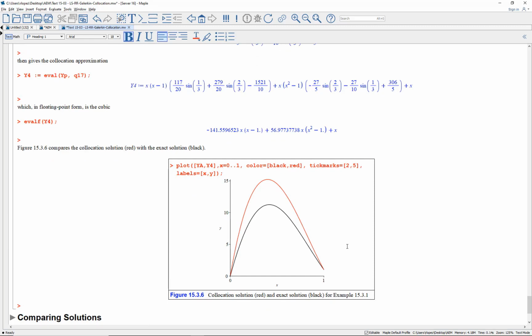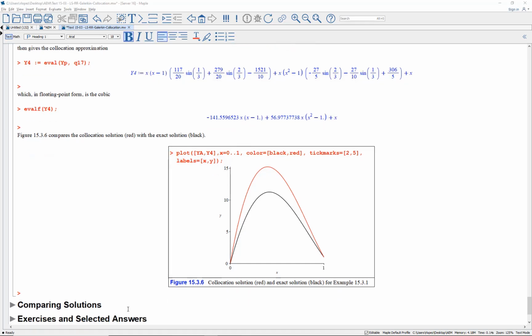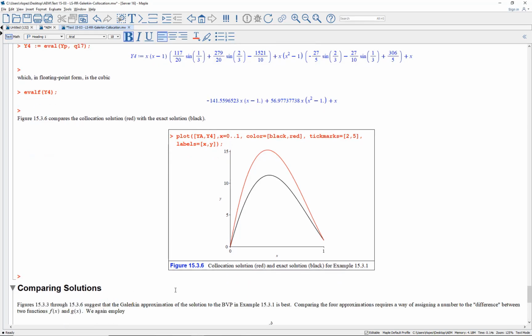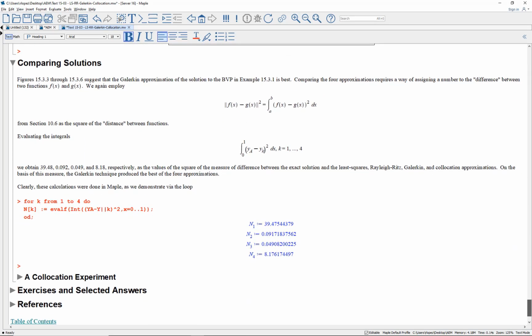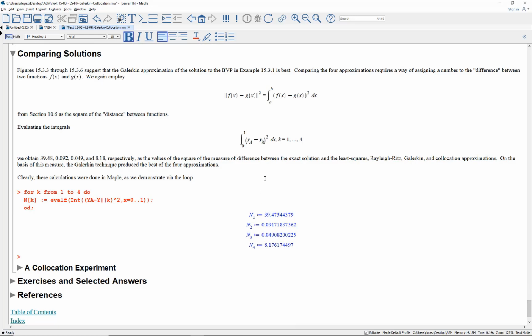So we want to investigate this a little bit further. So we've got these 4 solutions. Let's just compare what we've accomplished. Okay, let's take the L2 norm, the difference between the exact solution and each of our 4 approximate solutions.